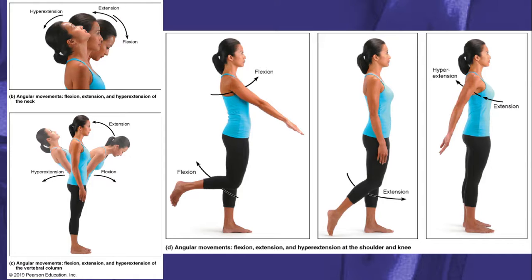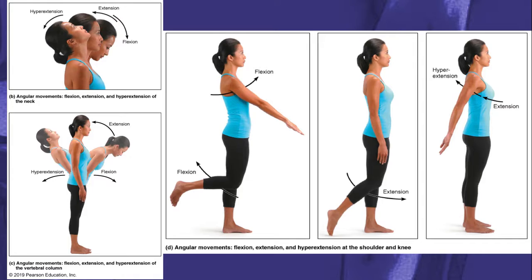Okay, so we're first going to look at your hip joint right here. Okay, so if you flex your hip and keep your knees straight, which direction is your leg going to go? Forward. Yeah, so that is flexion of your hip joint. Extension is going to return it to normal, and then hyperextension back behind you.